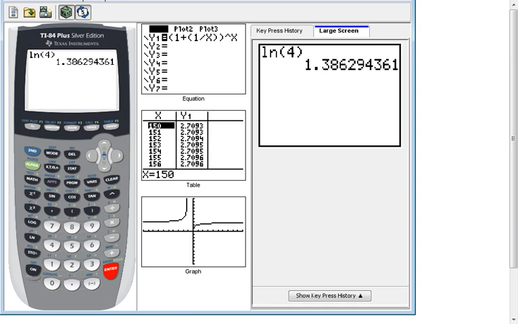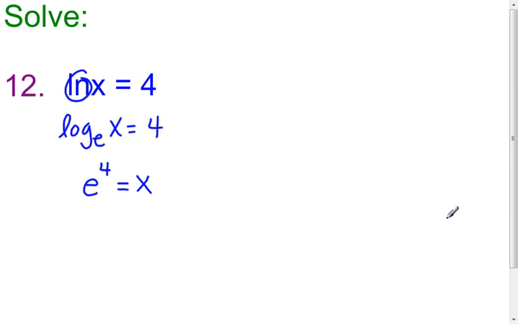You do have an e button on your calculator, and it's blue and above the ln. To get the e, I go second ln, and then to the 4th power. 54.5982 is what that comes out to be.